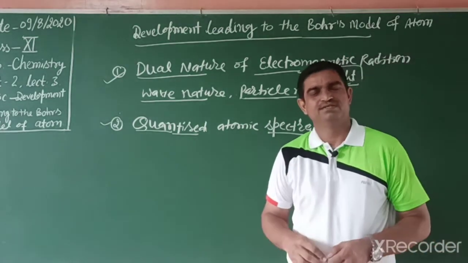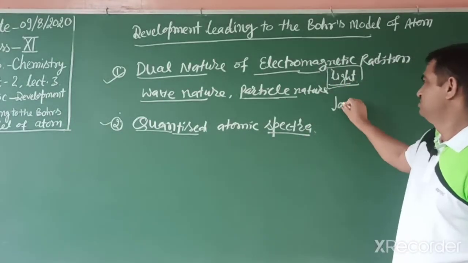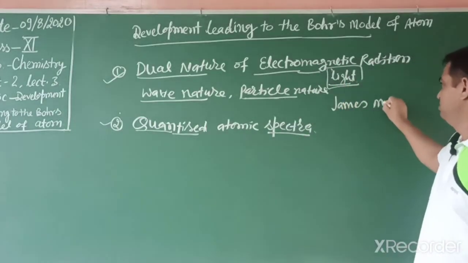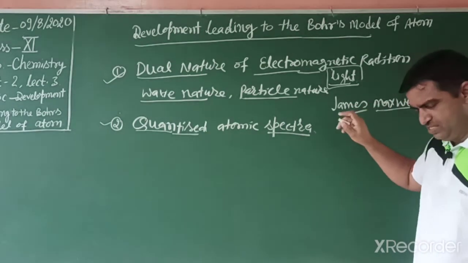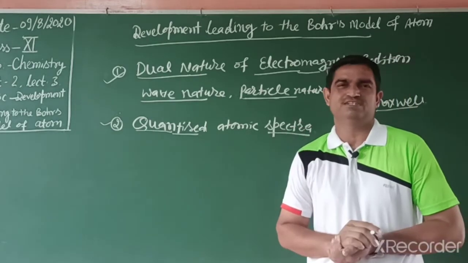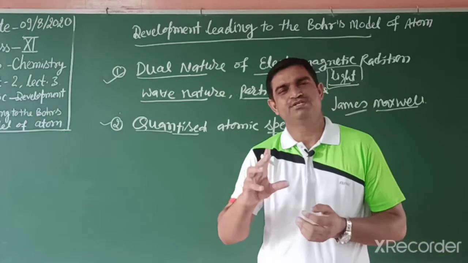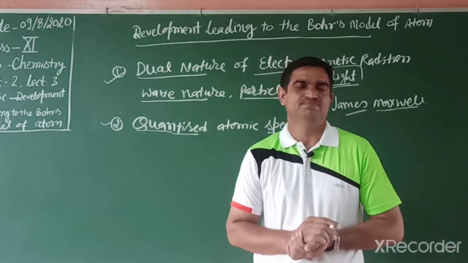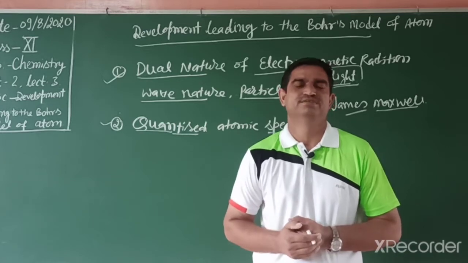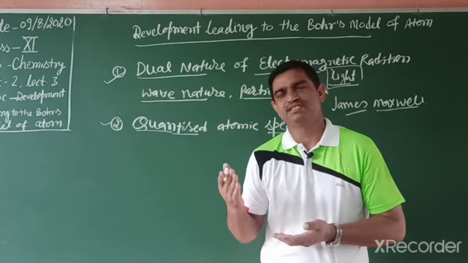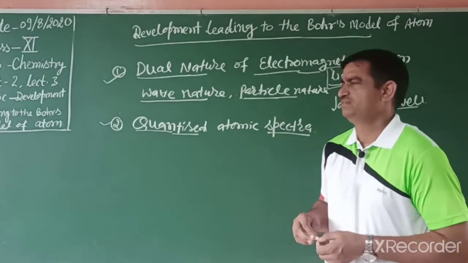According to the scientist James Maxwell, if an electrically charged particle accelerates, meaning it revolves and rotates in an atom, then what happens? It produces electric and magnetic fields, creating a wave, and they transmit that electromagnetic radiation.